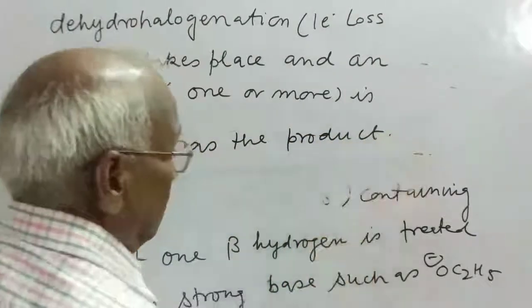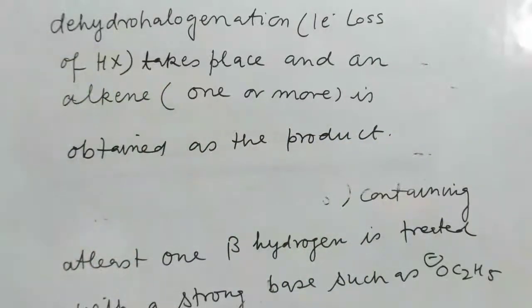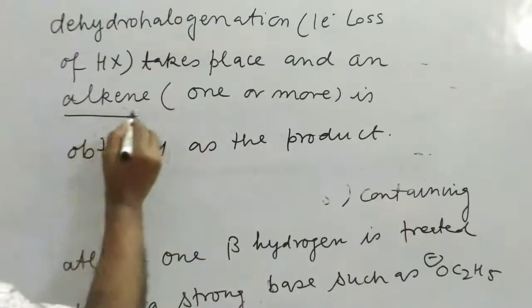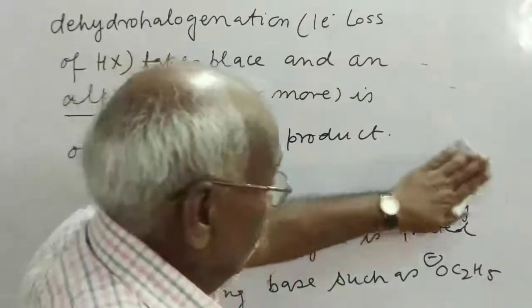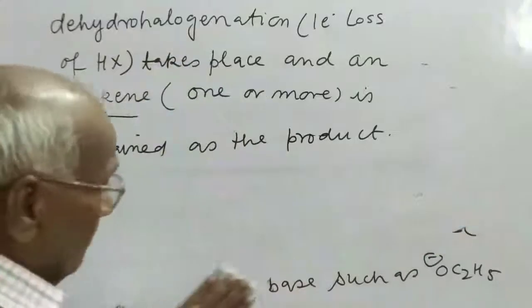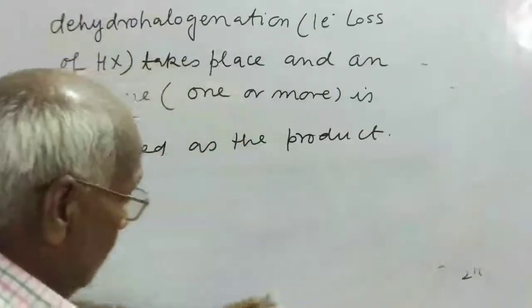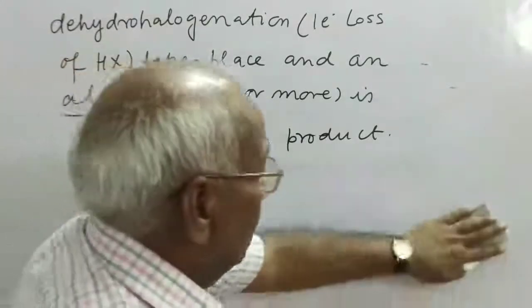So the product of the dehydrohalogenation is formation of alkene. The number of alkenes may be more than one. It depends on the structure of alkyl halides.